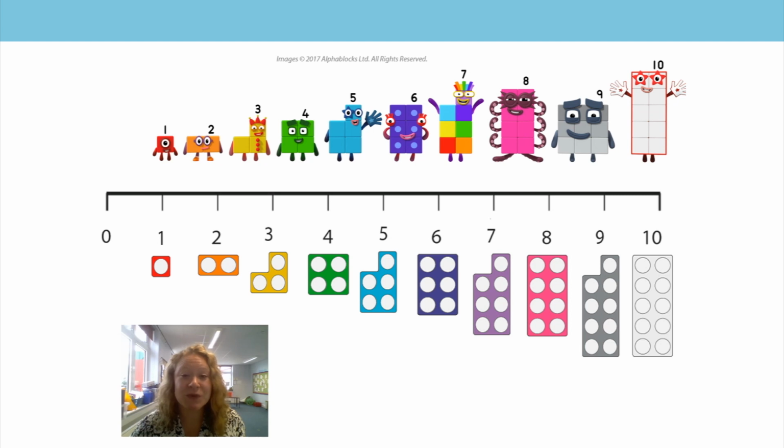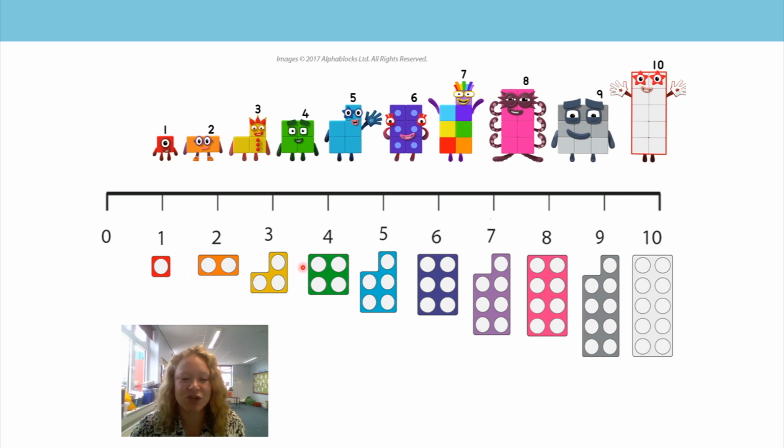Is it easier to also look at them with the numicon underneath? We can see the shapes even more clearly with the numbers in the numicon and on our number line. So what have you spotted about the shapes? Some of the shapes have a smooth, even, you might say, top to them, don't they?